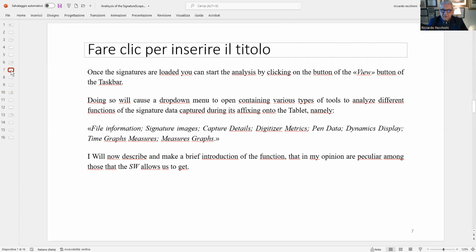Once the signatures are loaded, you can start the analysis by clicking on the View button of the taskbar. Doing so will cause a drop-down menu to open containing various types of tools to analyze different functions of the signature data captured during its affixing onto the tablet, namely file information, signature images, capture details, digest matrix, pen data, dynamics, display, time graph, measure graphs.